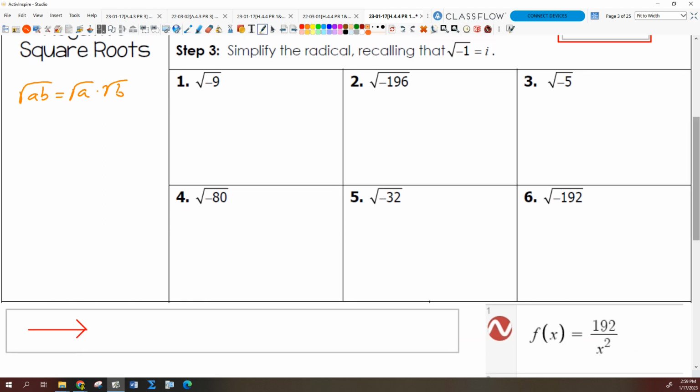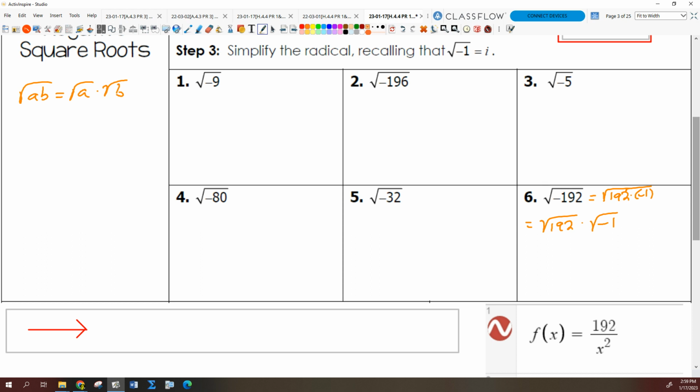So the first step would be to write this as the square root of 192 times negative 1, and then split that into separate square roots. So we would get the square root of 192 times the square root of negative 1. And the square root of 192 could be simplified.